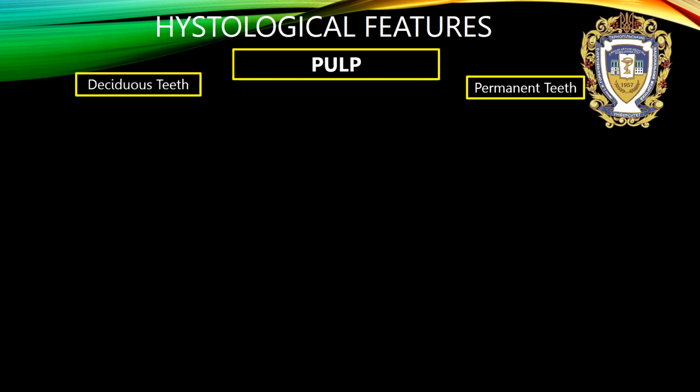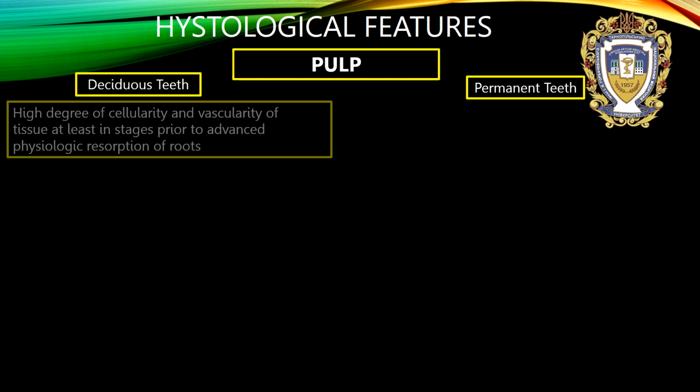Now let's talk about pulp. In deciduous teeth, there is a high degree of cellularity and vascularity of tissue, at least in stages prior to advanced physiological resorption of roots.